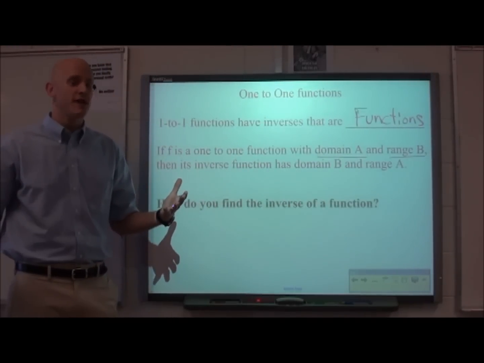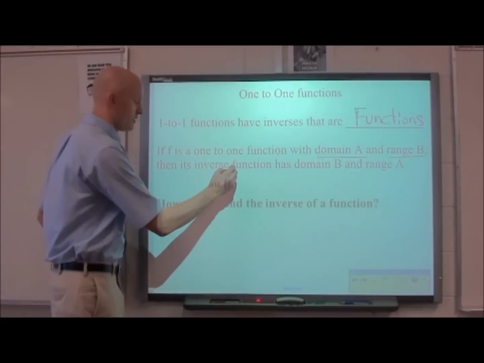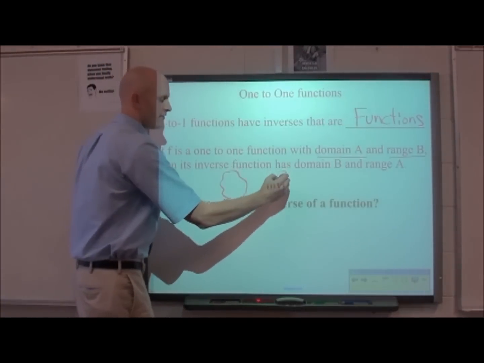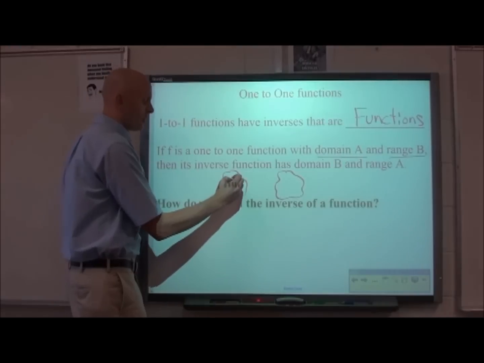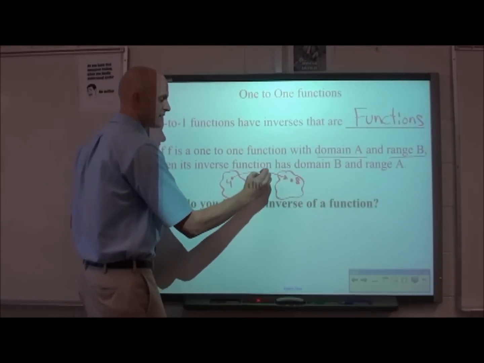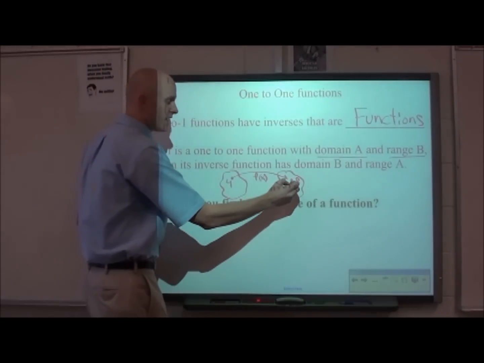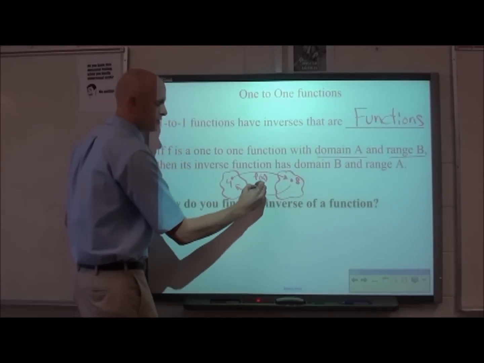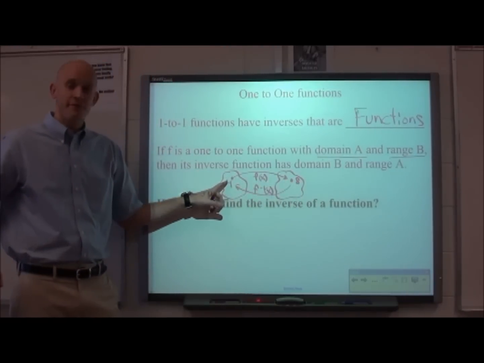Remember from our work with inverses that if I know a function, and I'm just going to draw our function clouds here, if 4 maps to 8, and this is our original function, then I know the inverse would undo what was done. This would be our inverse. 8 would map to 4.